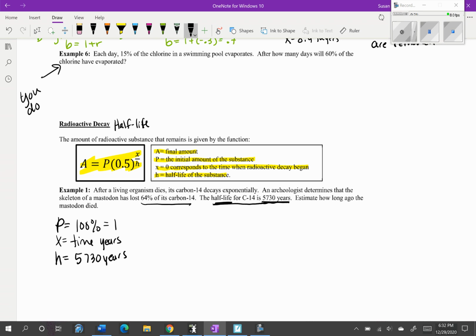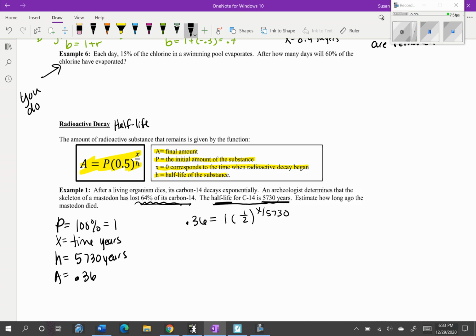And our amount, it says it has lost 64% of its carbon-14. So if you started with 100% and you've lost 64%, 100 minus 64 gives you 36%, or 0.36 is left. So 0.36 equals 1 times 1/2, or 0.5, to the power of X divided by 5,730.